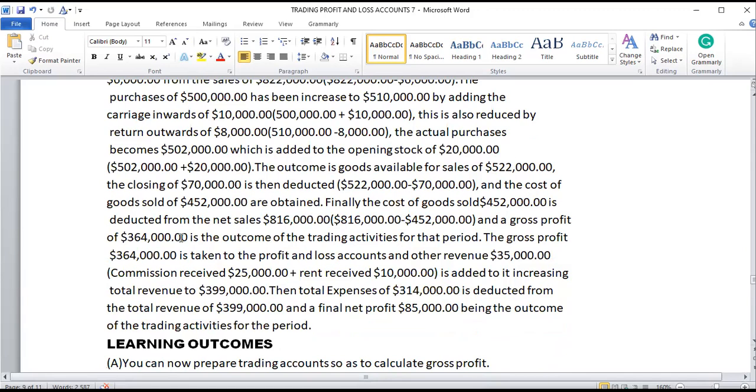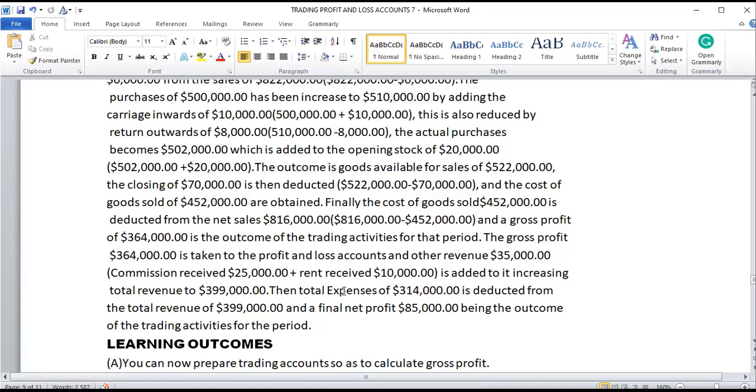The gross profit, which is $364,000, is then taken to the profit and loss account, and other revenue of $35,000. How do we get other revenue? It is commission received $25,000 plus rent received $10,000, making $35,000.